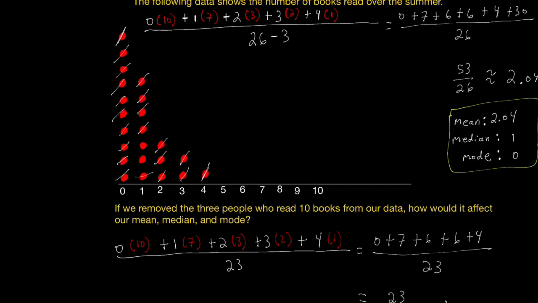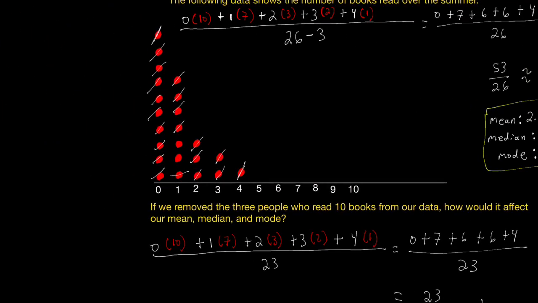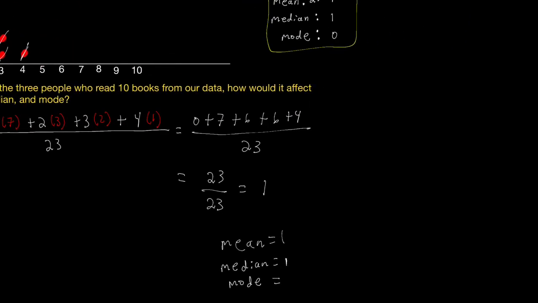So yep, the median is 1, so we can do 1 plus 1 divided by 2, we're going to get 1 again. So the median is 1. And then the mode, well, the mode is still 0. Right here, that has the highest peak, that didn't change. So median is 1, mode is 0.